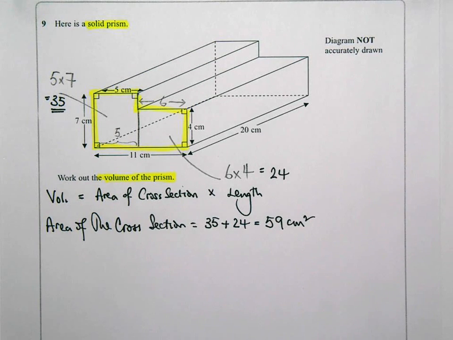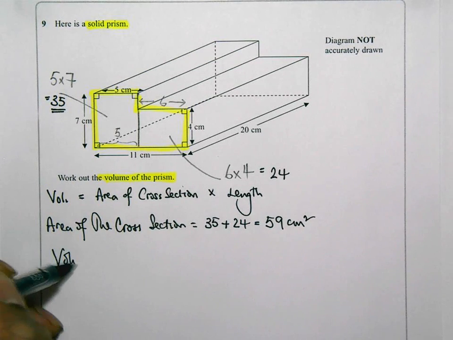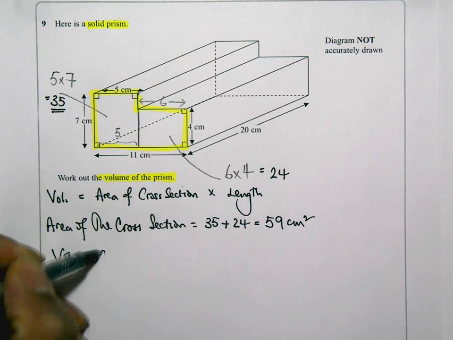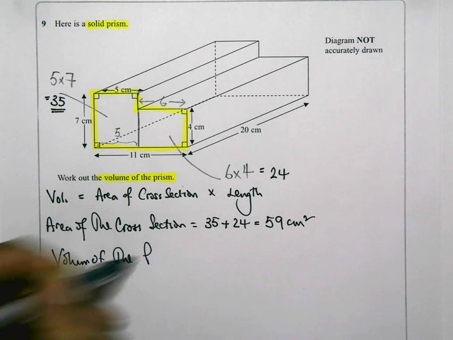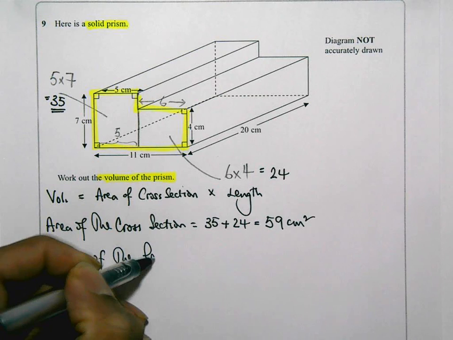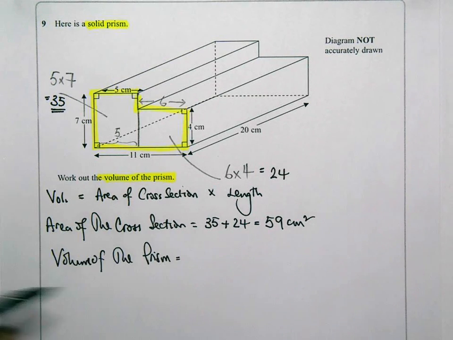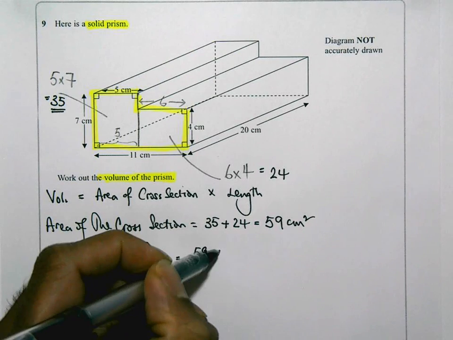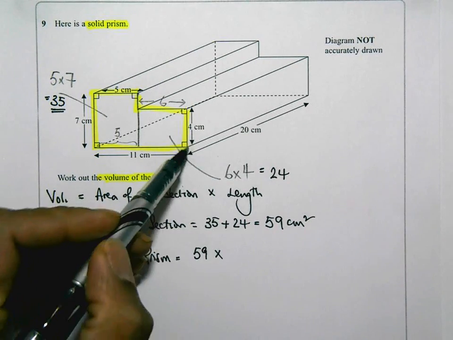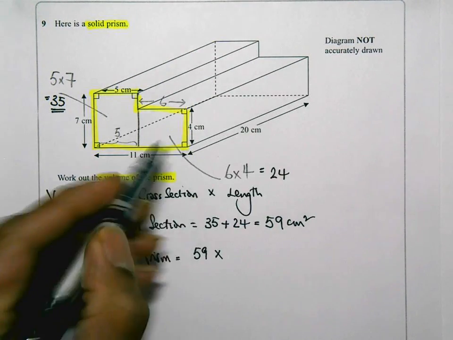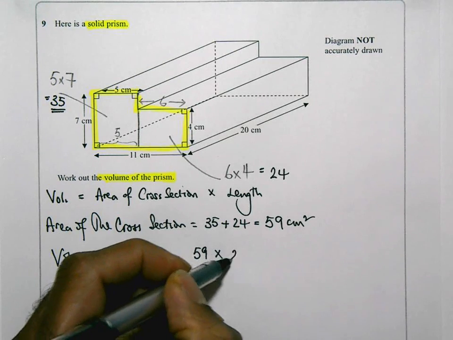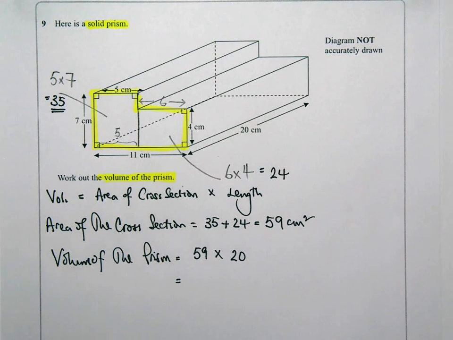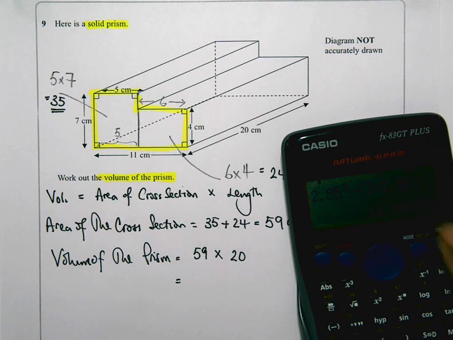So the volume of the prism is going to be the area of the cross section, 59 centimeters squared, times how far back it goes, and it goes back, as we can see there, 20 centimeters. Now you could either work this out on your own.